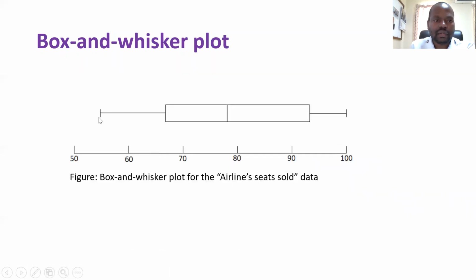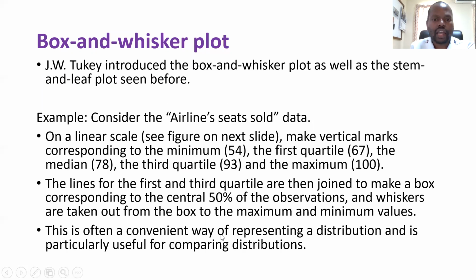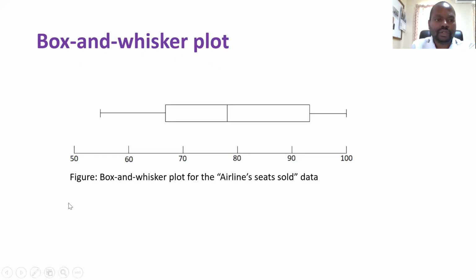So if you have a horizontal line marking from 50 to 100, we decided to start from 50 because we know there are no values below 54. So starting from 50 would be a fair range of the scale, 50 to 100.